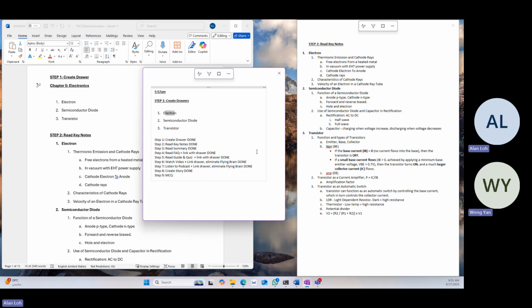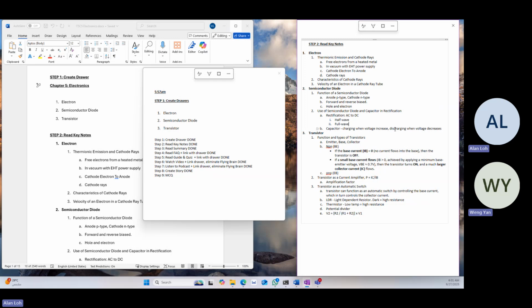Semiconductor diode is, what's it? There was like a doping process. There were different types of semiconductors. I think it was N type, P type, and the diode works in different ways, I think. There's forward and reverse bias, yeah.